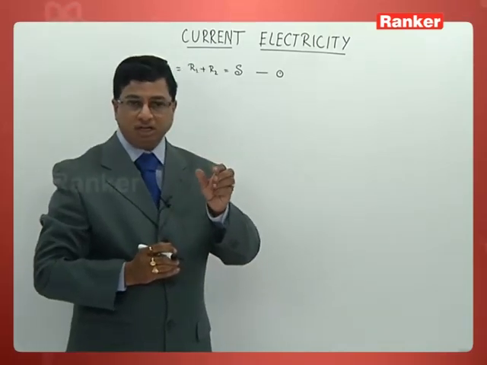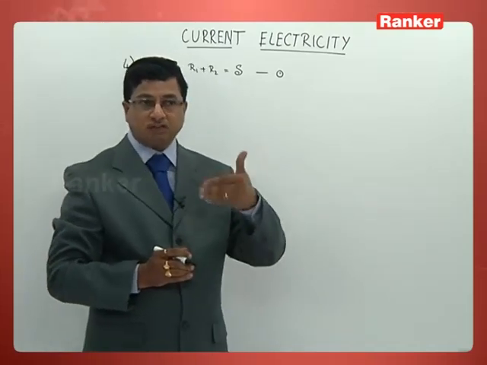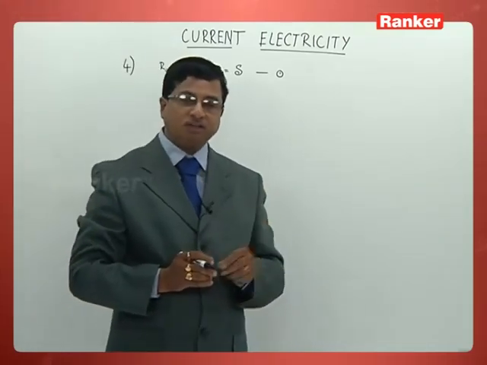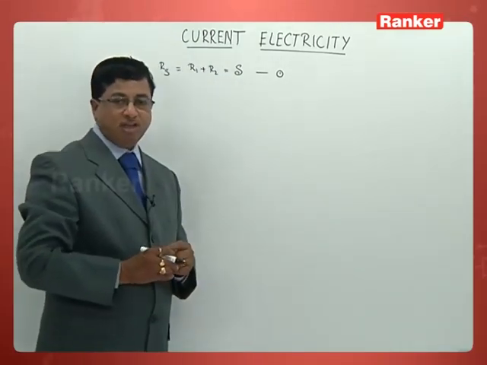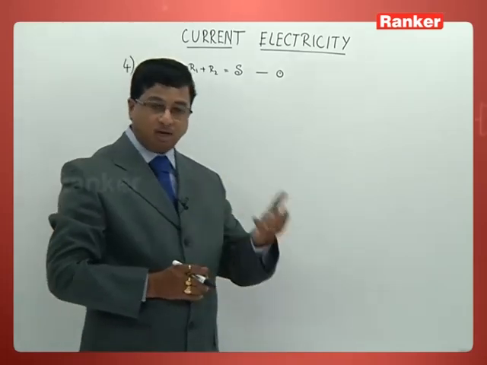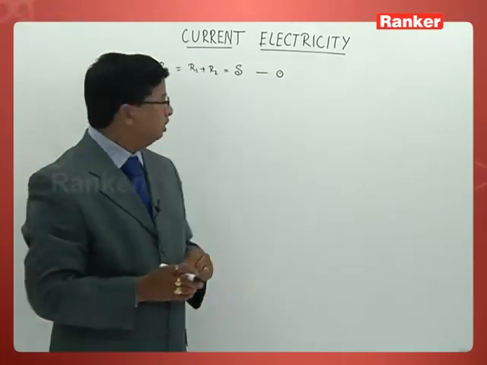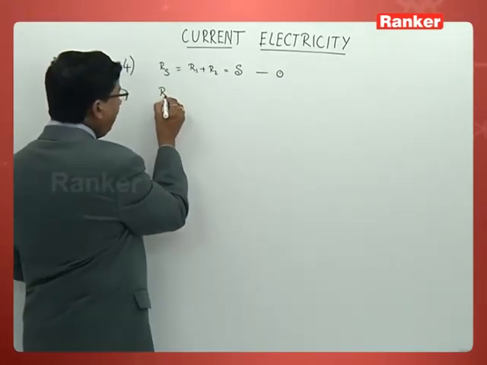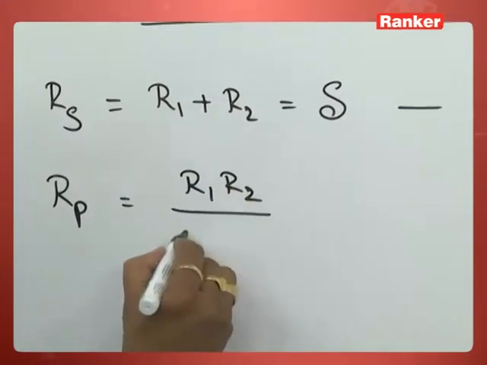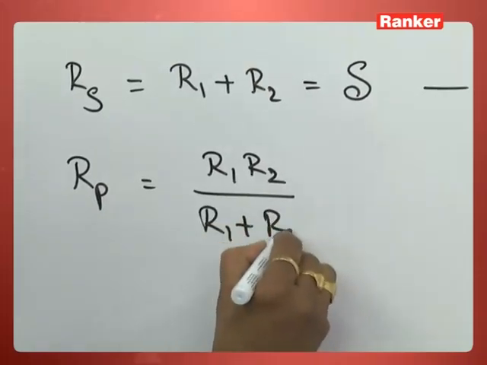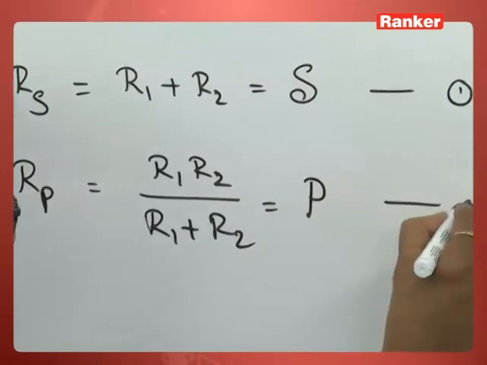I am repeating once again: the resistance of the series combination of two resistances is S. So R1 plus R2 is equal to S. Fine. When they are joined in parallel, the total resistance is P, that's given. So R parallel is R1 R2 by R1 plus R2, that is given as P. That is the second equation I can take.